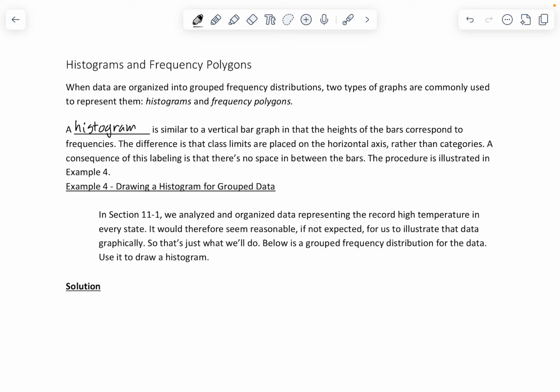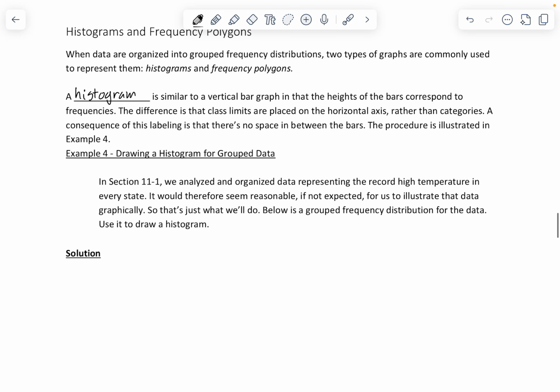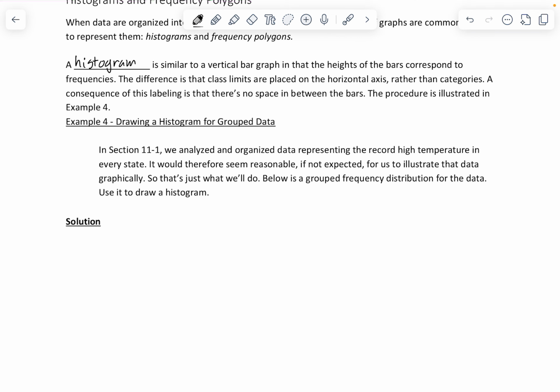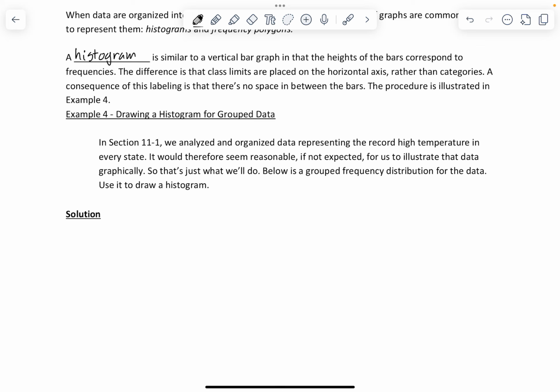So, in section 11.1, we analyzed and organized data representing the record high temperature in every state. It would therefore seem reasonable, if not expected, for us to illustrate that data graphically.